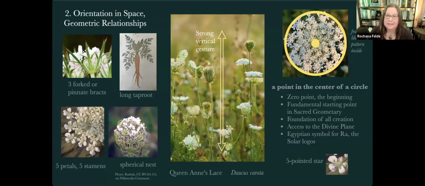It's a very powerful symbol that also speaks to access to the divine plane. And it's the Egyptian symbol for Ra, the solar logos. There's also that idea of the five-pointed star when you look at any flower petal that has five, or flower that has 5 points to it. And then, not last but not least, over here, we can see how it creates a sphere. So that's also a powerful symbolism as well.